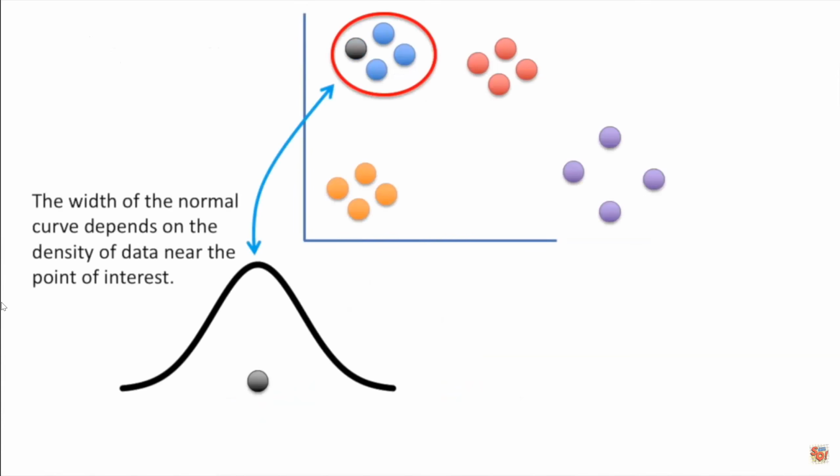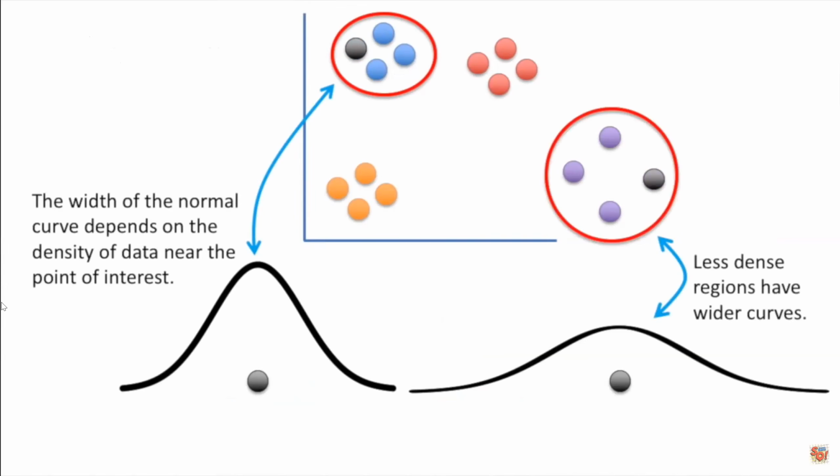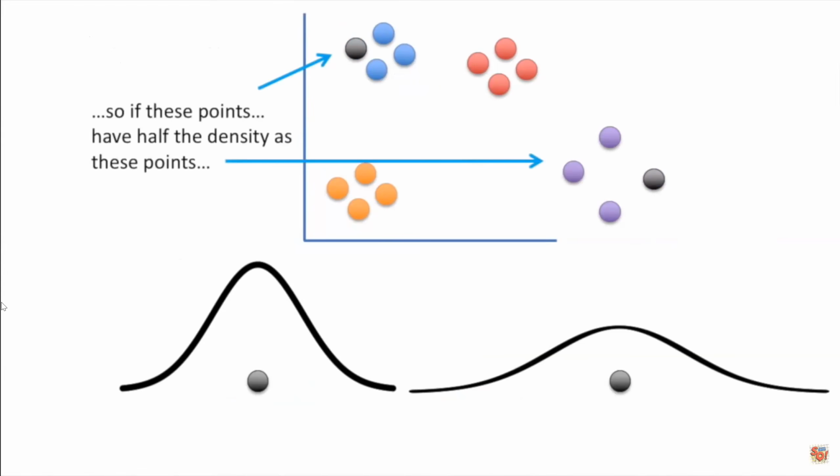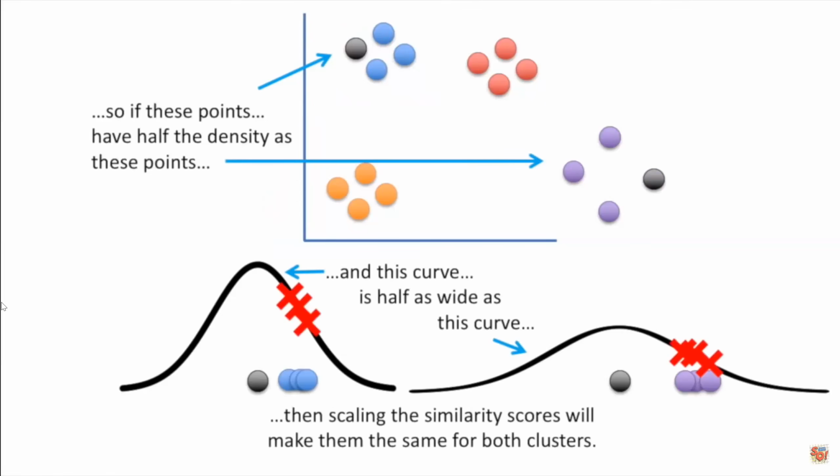The width of the normal curve depends on the density of data near the point of interest. Less dense regions have wider curves. So if these points have half the density as these points, and this curve is half as wide as this curve, then scaling the similarity scores will make them the same for both clusters.